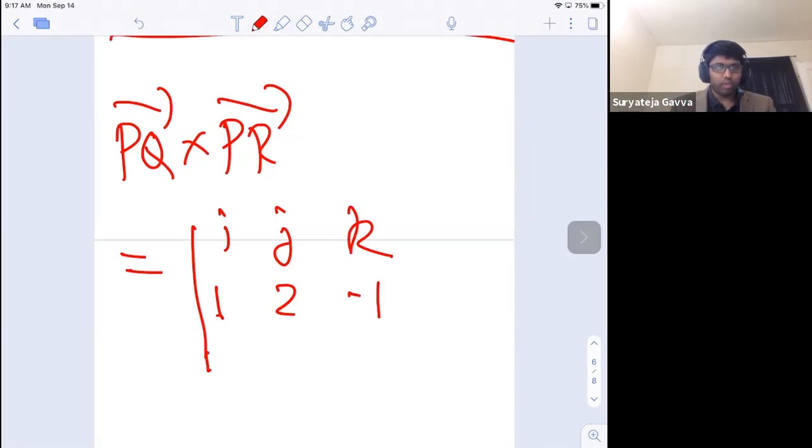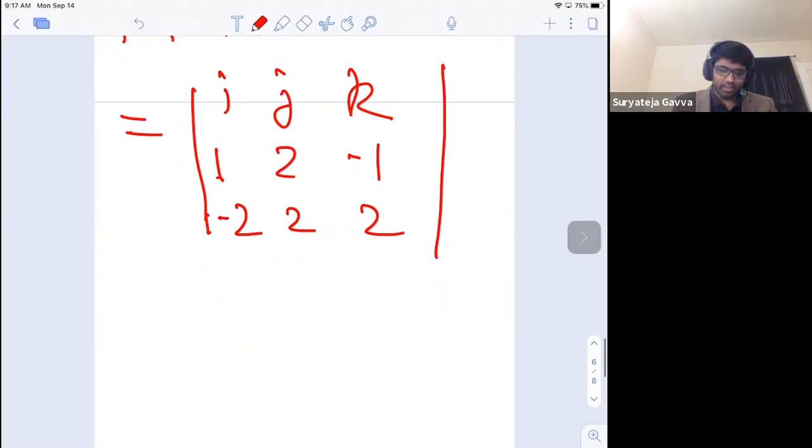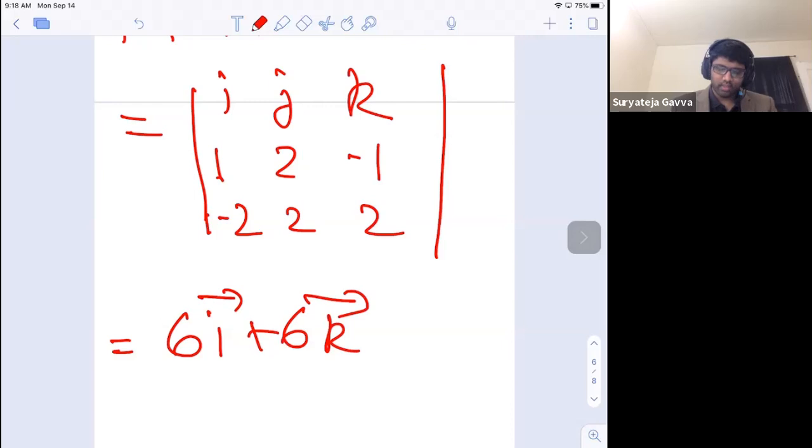Okay, so 1, 2, minus 1, minus 2, 2. If you compute this determinant, you'll get your answer. Let's see, what is this? I'm just writing down the answer. So this turns out to be 6i plus 6k if you compute, okay?